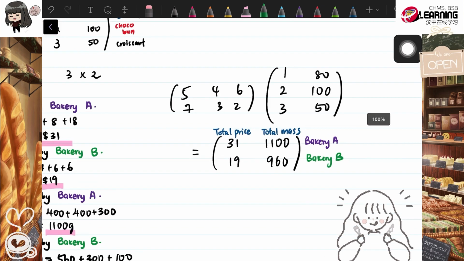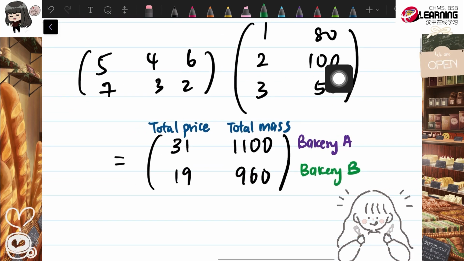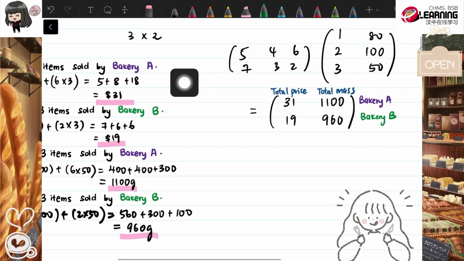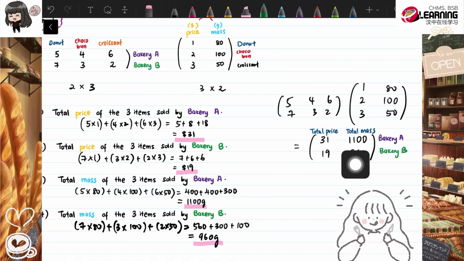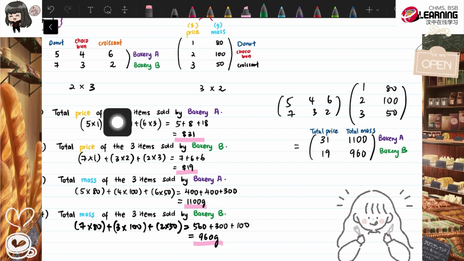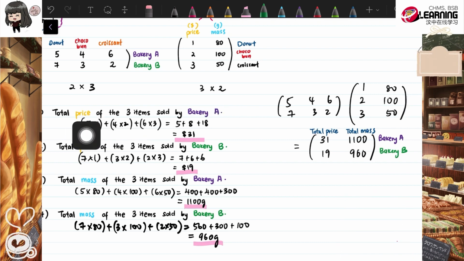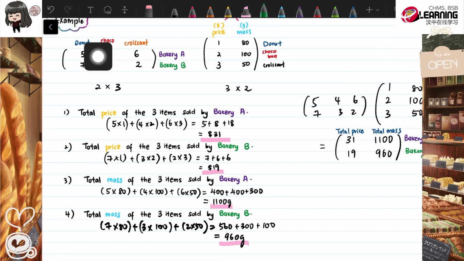So this is how you actually multiply. This one I show you for understanding. This whole question is for you to understand it only. When I ask how you find a total price, you can logically think that it's multiplying this way, like the donut times the price of the donut.